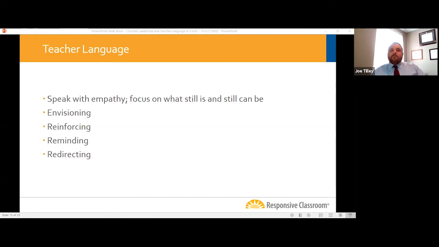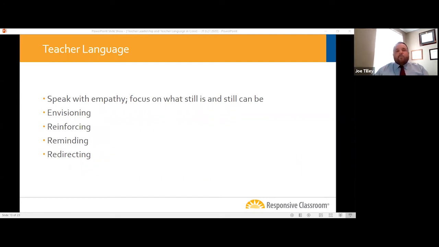So again, thinking in terms of focusing on what still is and really framing that fits perfectly in with this idea around envisioning language. You may start calling your students virtual learners. You know, you may start framing it in that welcome virtual learners and those types of things, really framing it in that positive piece where you're using those concrete images to get students to understand what it is that's expected of them.